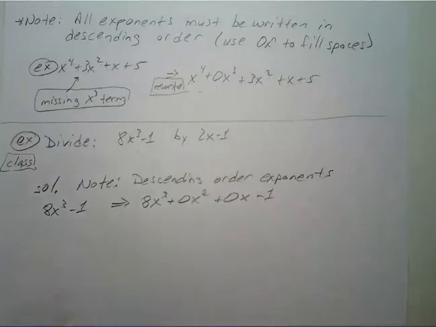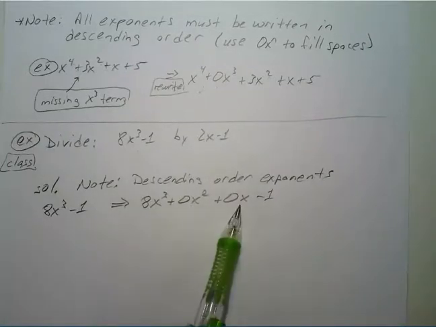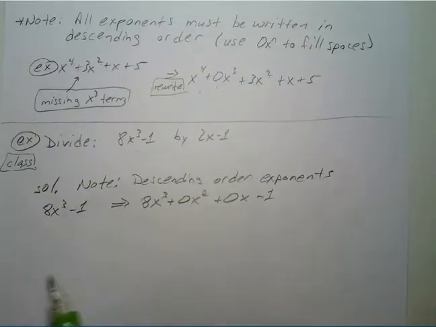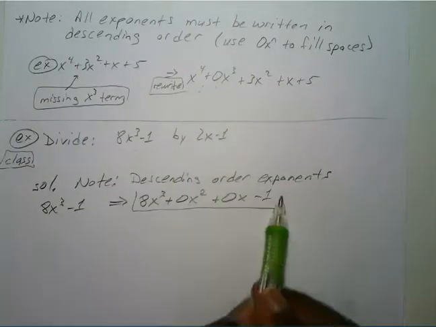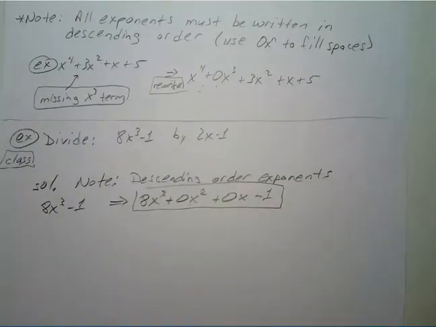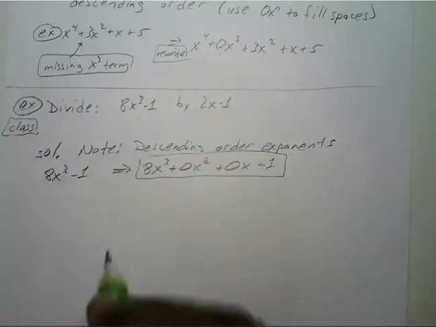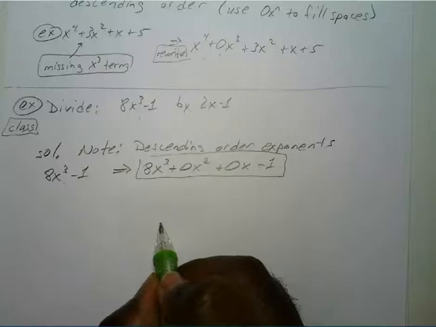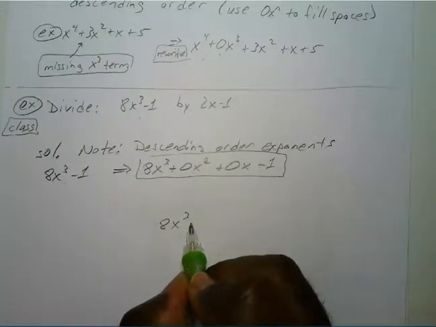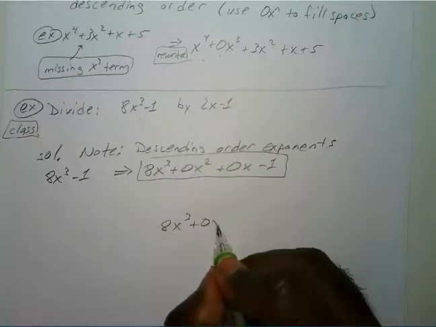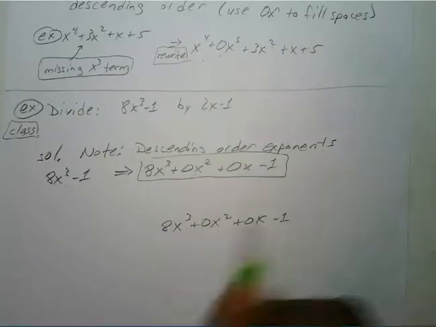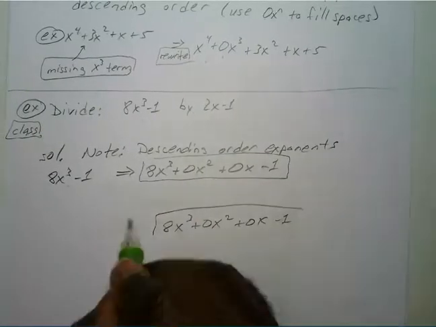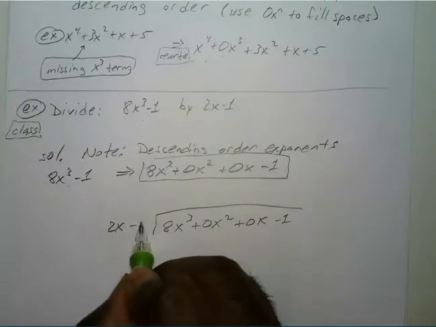Okay, so same value, we just filled in the x squared and the x with 0. Okay, now this is the one you're going to use to divide. So you have 8x to the third plus 0x squared plus 0x minus 1 divided by 2x minus 1.